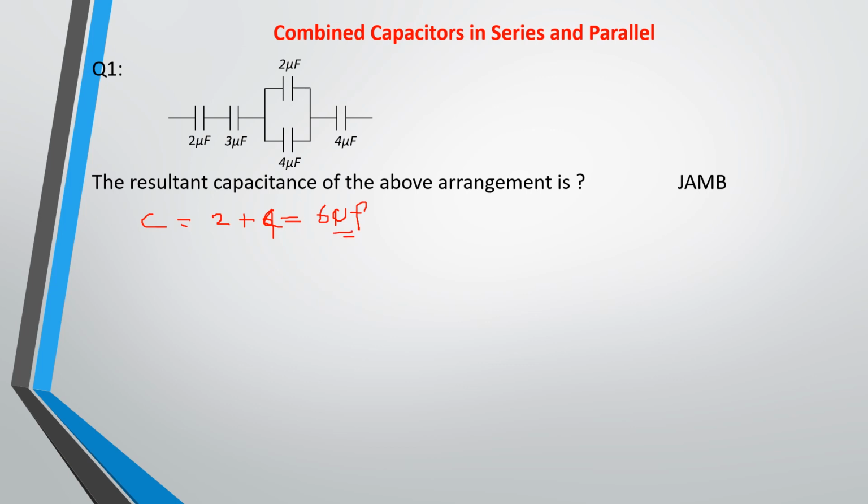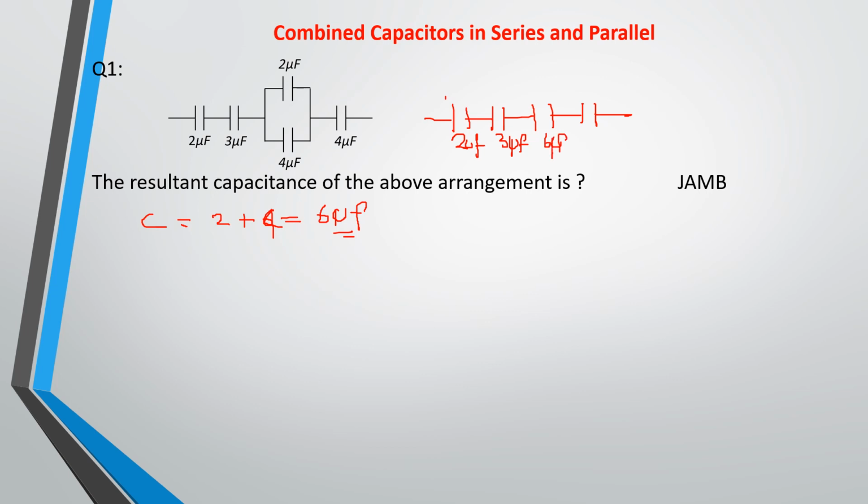So you can now rearrange your drawing to look like this. This is your 2 microfarad here, this is your 3 microfarad, and then this is the equivalent capacitance for these 2 that were here before.